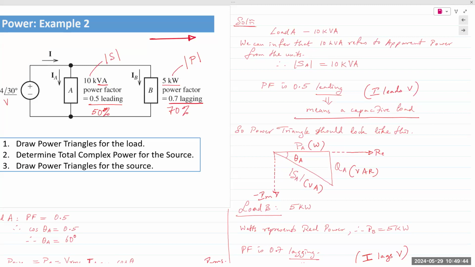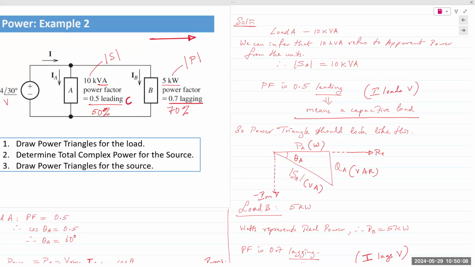If current leads, power factor is leading. Current always lags the voltage in an inductor, and in a capacitor, current always leads. So if it says power factor lagging, it is always, always, always an inductor. If it says power factor is leading, it always means it's a capacitor.